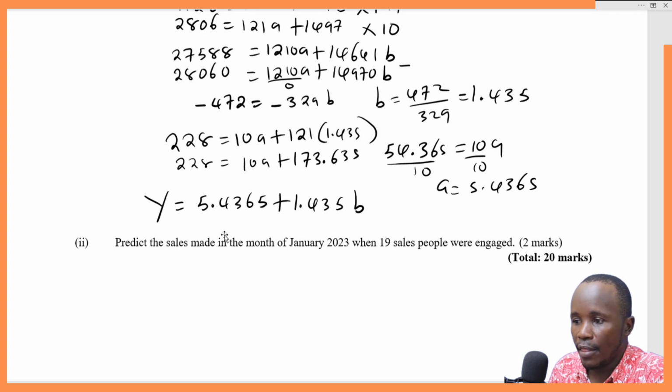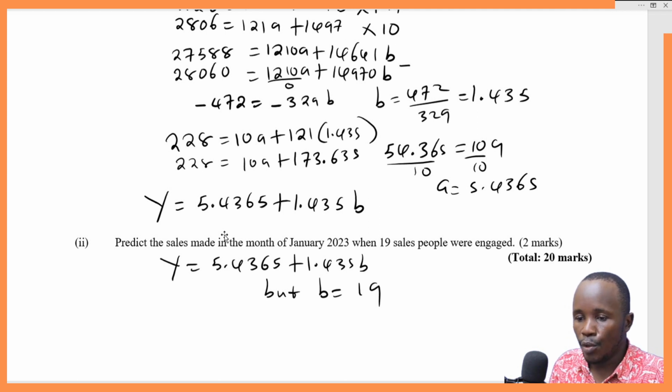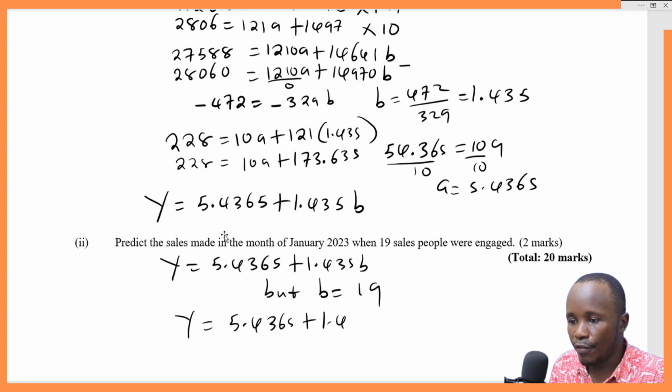Therefore, we have our equation, y is 5.4365 plus 1.435b. But in this case, b is equal to 19. So y is 5.4365 plus 1.435 times 19.